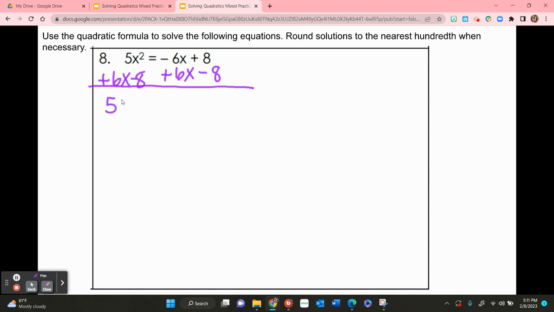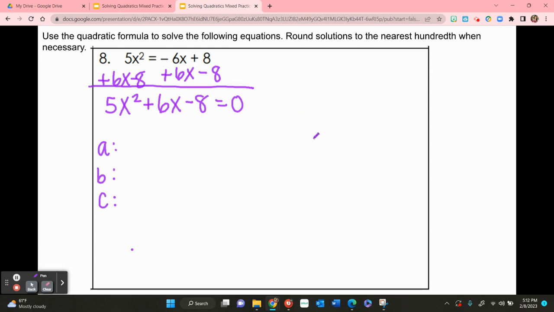When I do this, my equation becomes 5x squared plus 6x minus 8 equals 0. From here, you can identify the values of a, b, and c and plug that information into your calculator or into the quadratic formula.